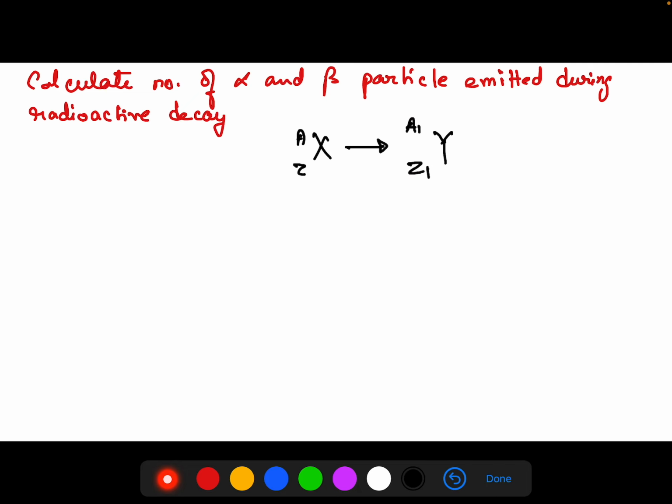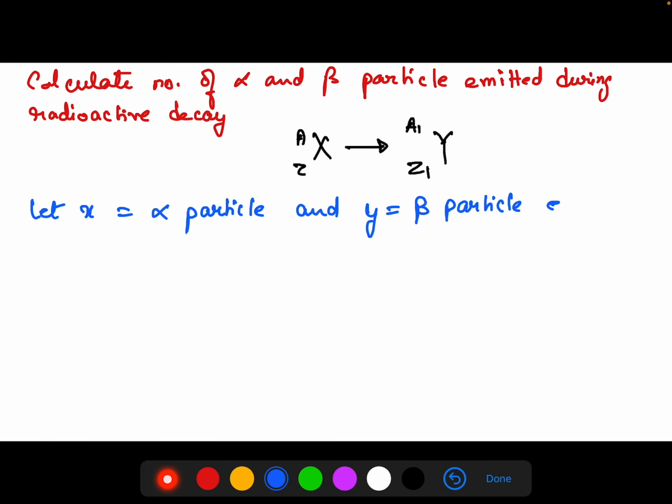To solve this, let's say X is the number of alpha particles, and Y is the number of beta particles emitted in this whole process.